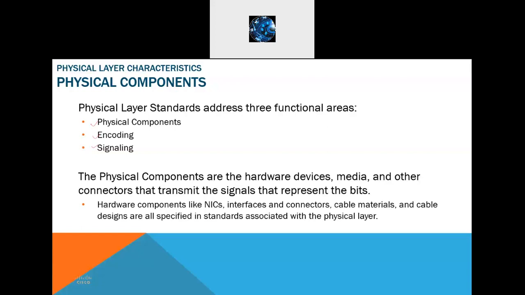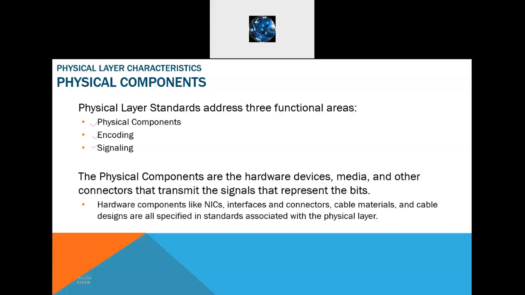So all of these standards must be observed by the manufacturers of most of these physical things we use on the network. And when I say physical things, I mean things that reside at layer one, like your cables, like maybe your network card, and so on and so forth. So the physical components are the hardware devices, media, and other connectors that transmit the signals that represent the bits.